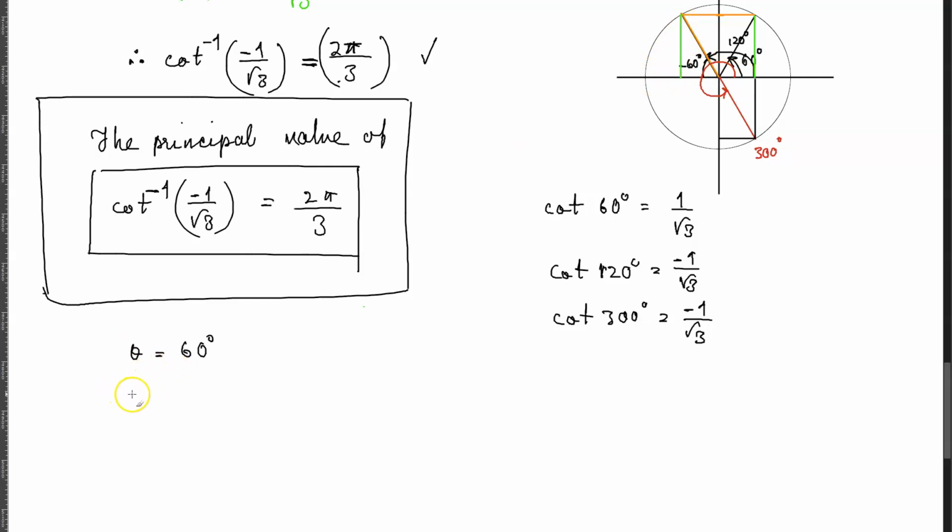So 180 degrees minus theta would be equal to 120 degrees, right? And here I know that based on this construction, I can say that the cot of 180 degrees minus theta is negative of the cot of theta, right?